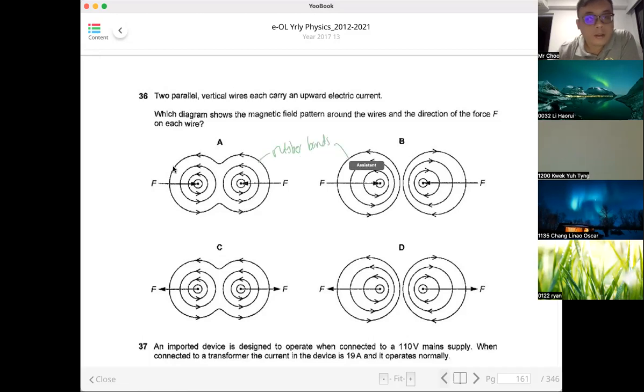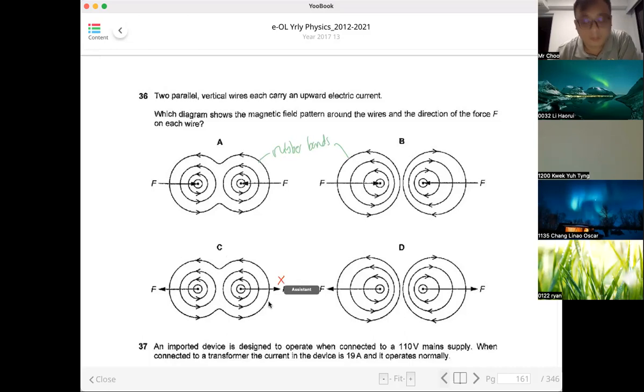For A and C, can you see that the pattern actually wraps around the two wires? Will it cause the two wires to come together or move apart? It will cause the two wires to come together because it wraps around them. So moving apart will be wrong.